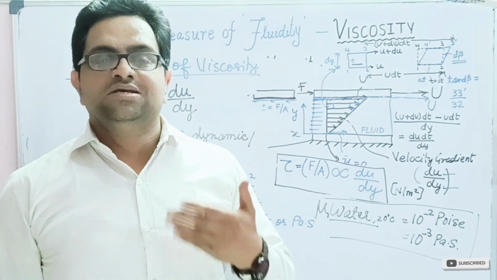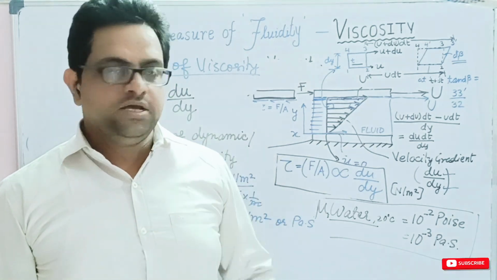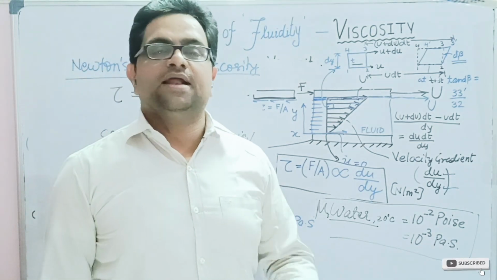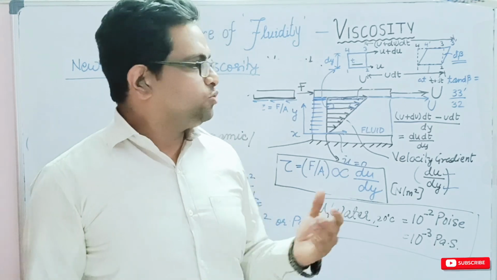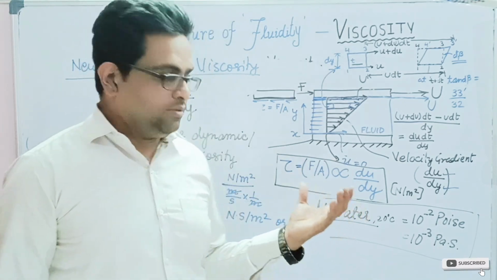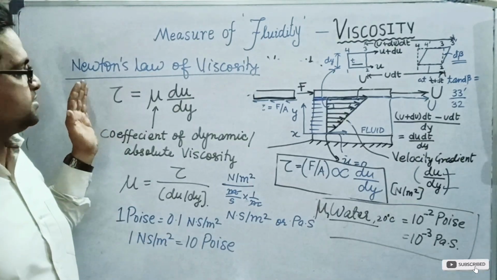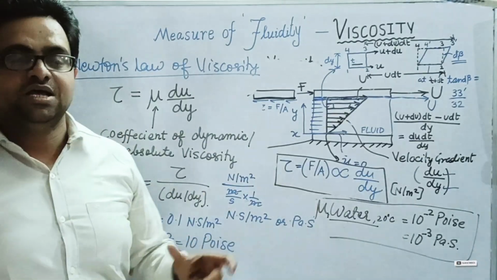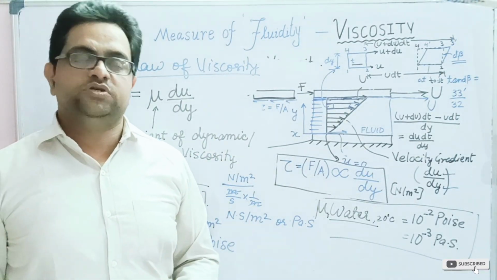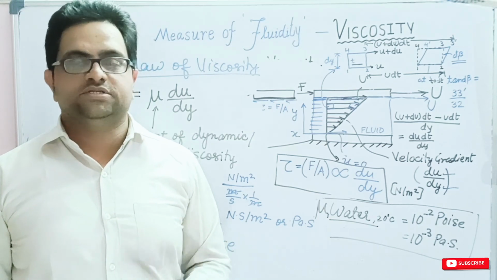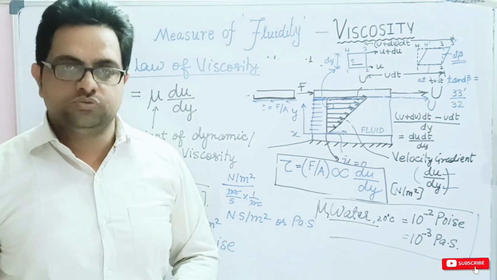Also we will see some significance of viscosity, and we will also try to characterize viscosity. We will see the two categories of fluids which are defined on the basis of Newton's law of viscosity. There are some fluids which are called Newtonian fluids, while there is another category which we call non-Newtonian fluids.